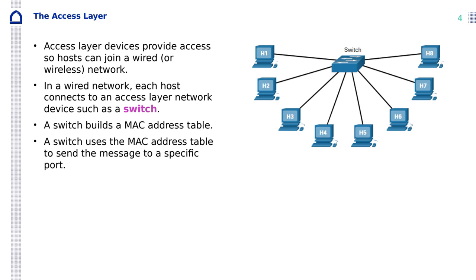A switch builds a MAC address table, and uses it to send the message to a specific port. We know about the function of the switch. So the switch is here in the middle, and if it receives a message from this computer to H1, it will check the ports. It will find that on this port I have H1 connected, so it will send the message here.